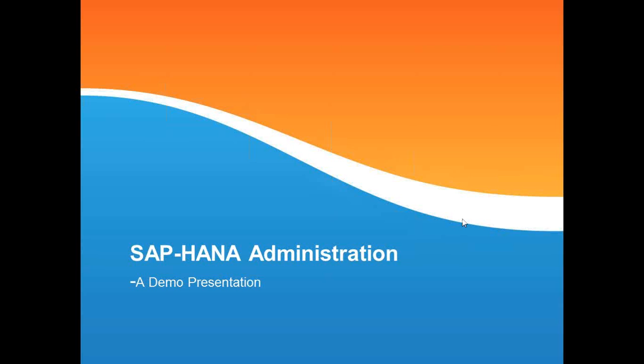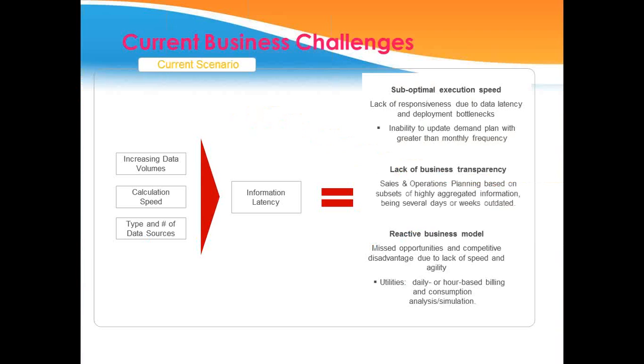Before going to see the need of HANA, first we will see the current business challenges. As per one analysis, going forward, every 18 to 24 months our data is becoming double in regular business scenarios.